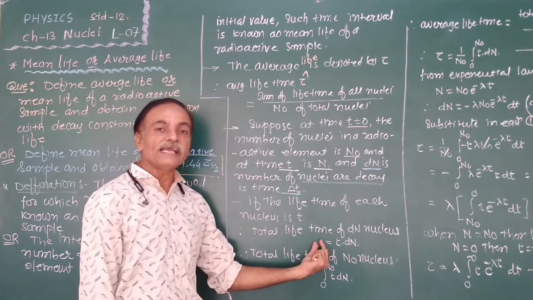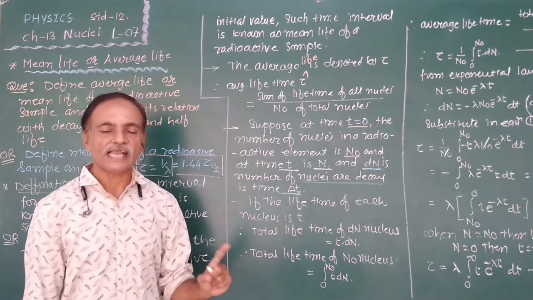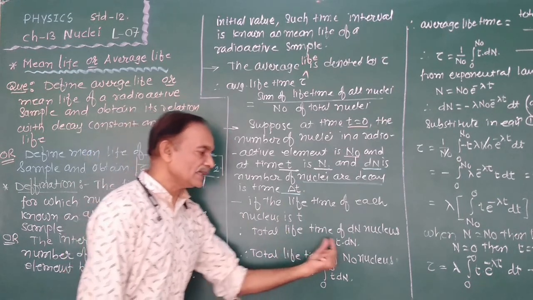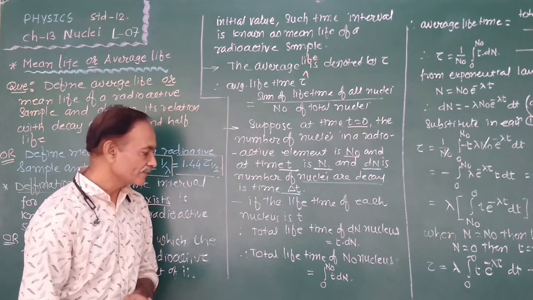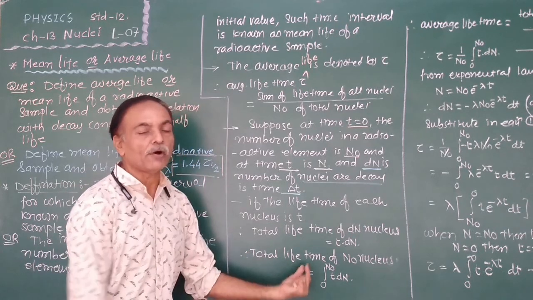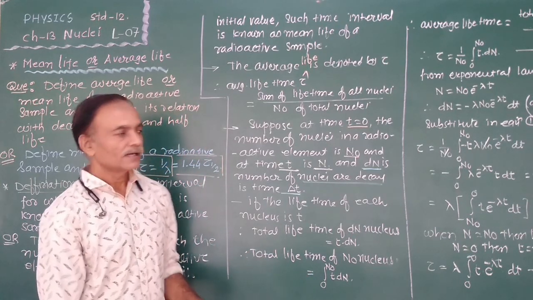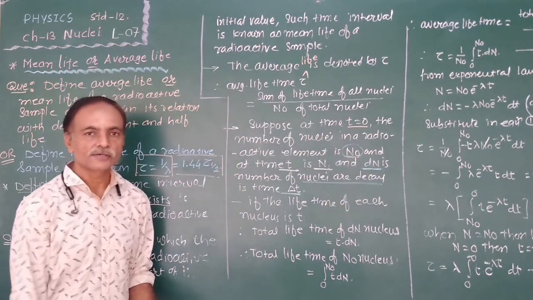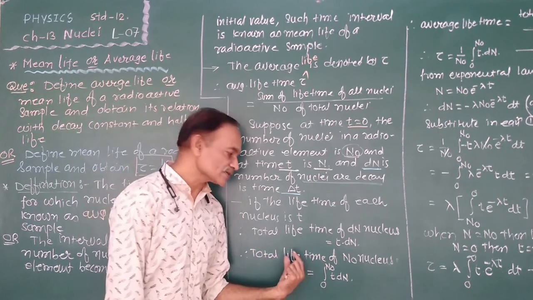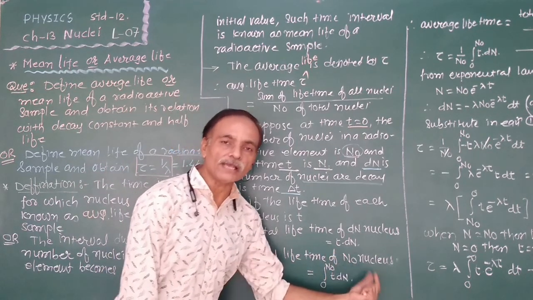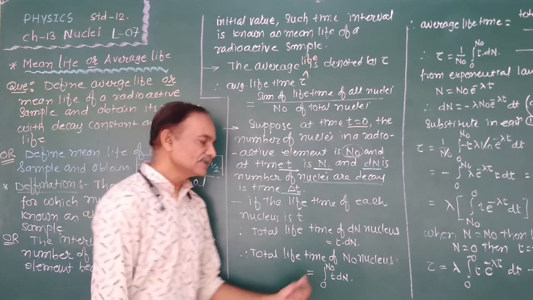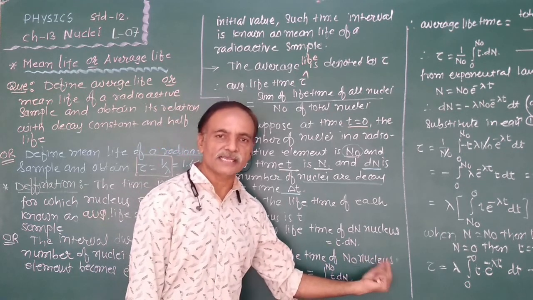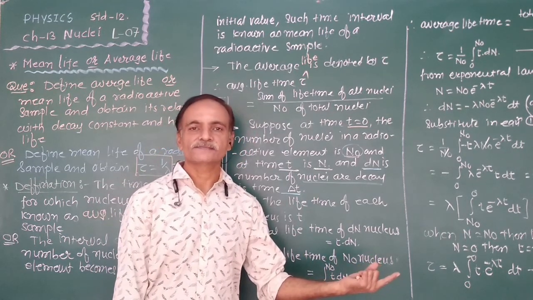If the lifetime of each nucleus is t, then one nucleus has lifetime t, therefore the dn nuclei have lifetime t into dn. Therefore, for the total lifetime of all n0 nuclei at time t equal to 0, the sum of lifetimes is t dn plus t dn plus t dn, n0 times.